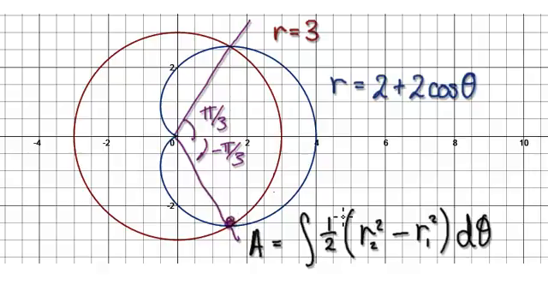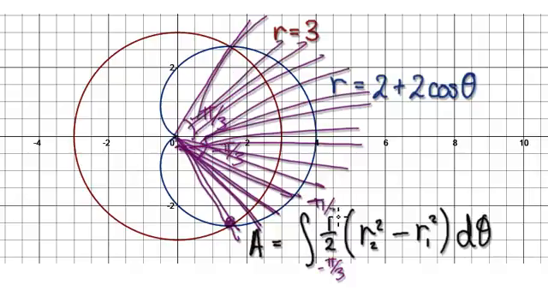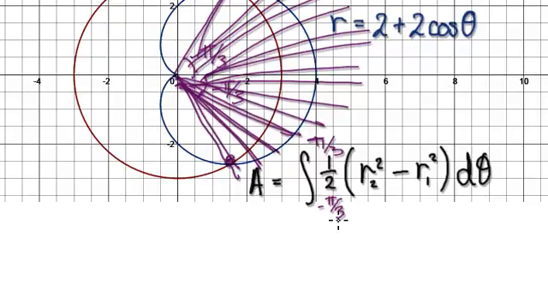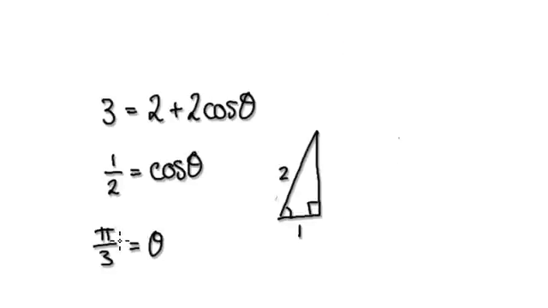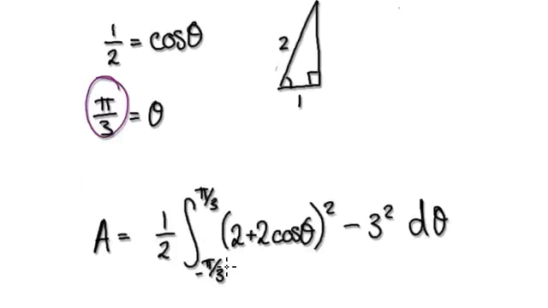So we integrate from negative pi over 3 to positive pi over 3.